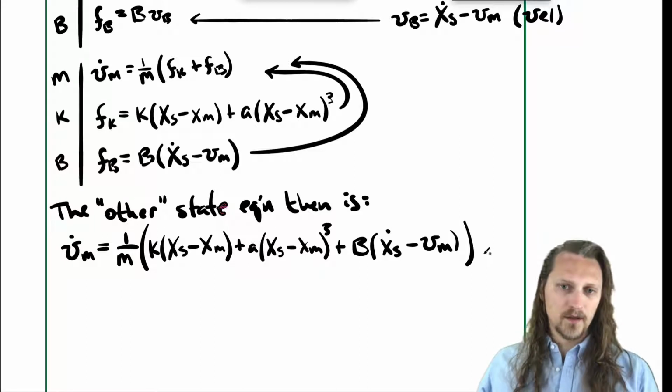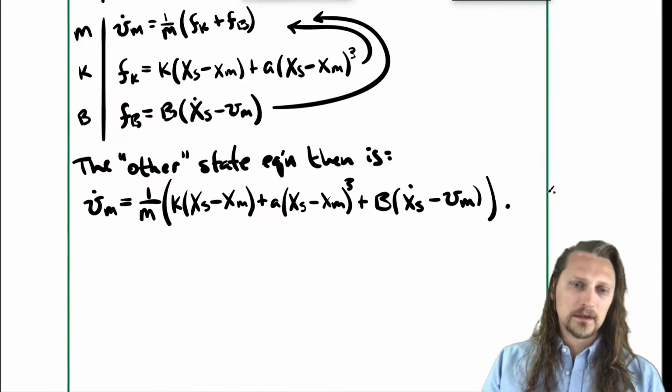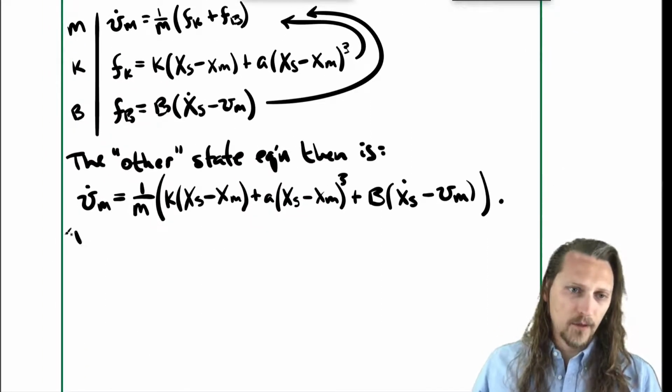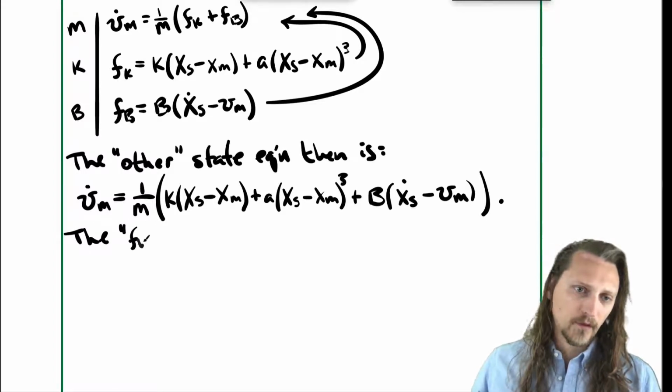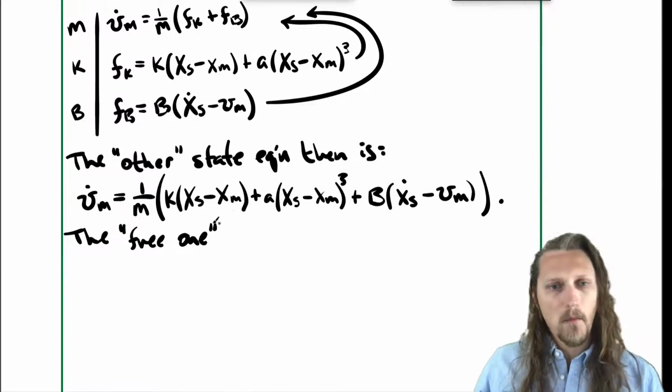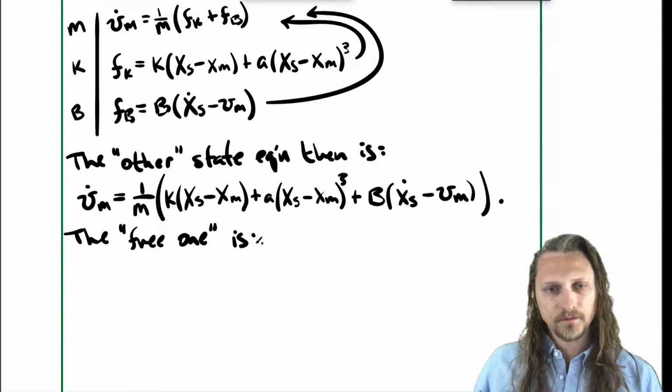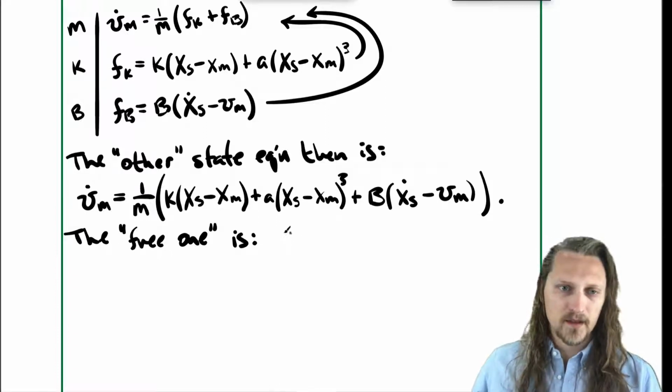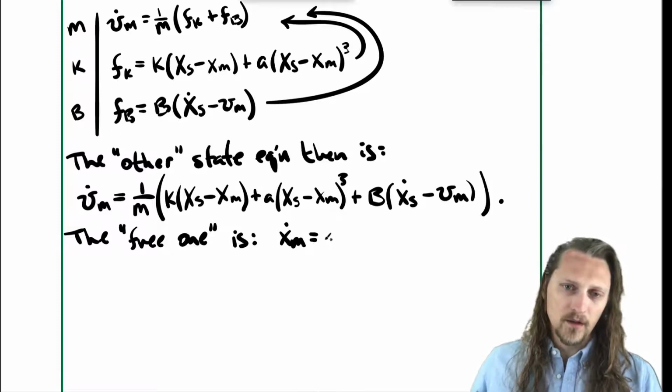Okay, so that's one of our state equations. The other one, the free one, is that xm dot equals vm.